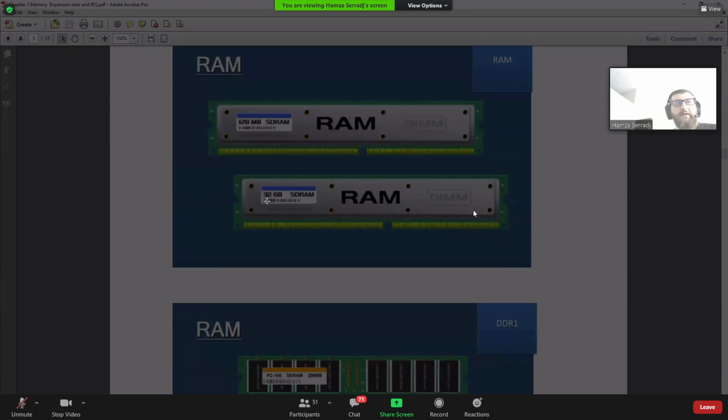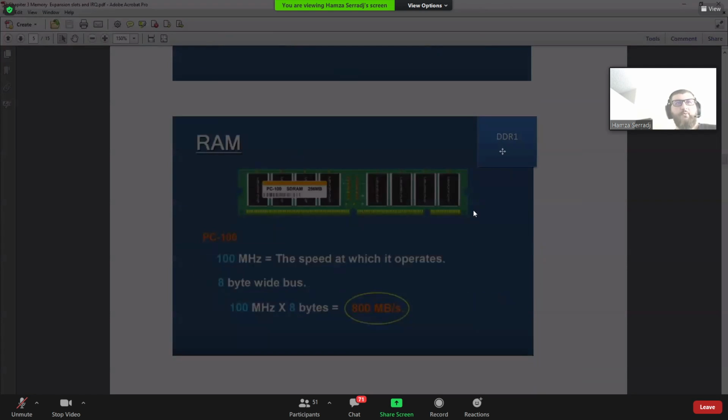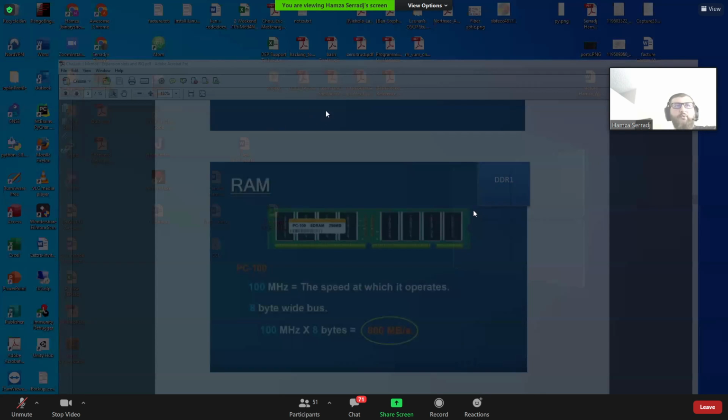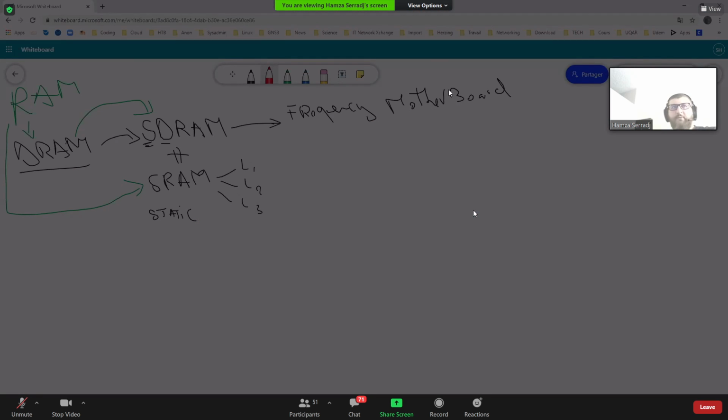Well, we can have here 32 gigabits of SDRAM. This one is good on capacity. DDR1. What is DDR? DDR is double data rate. How do things work here? Now, you see this SDRAM here. It was good because it works synchronously with the motherboard, right?